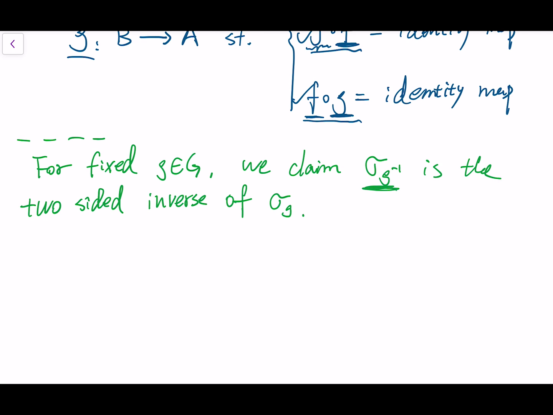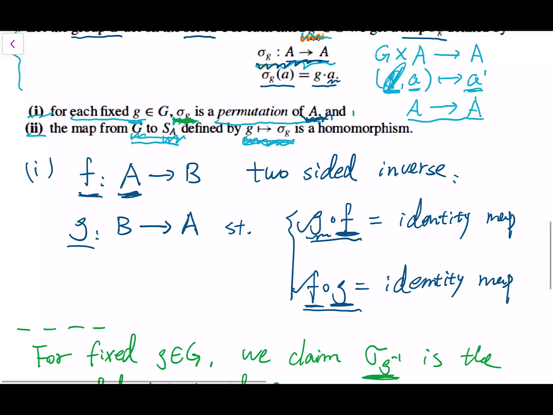If this is true, then sigma g is a bijection, and then it is a permutation, which is what we want for the first property.